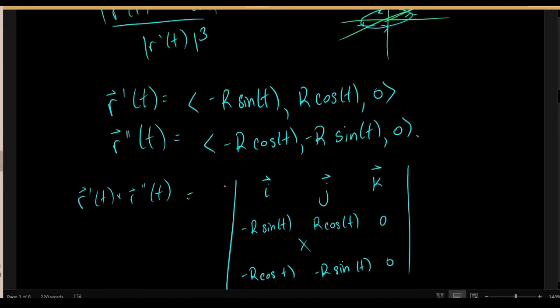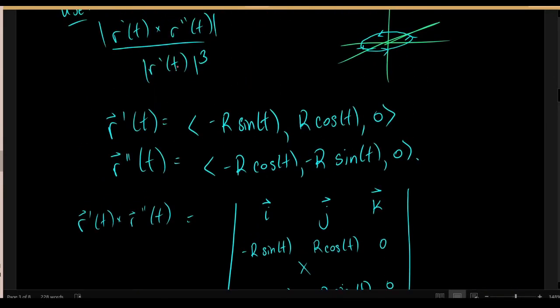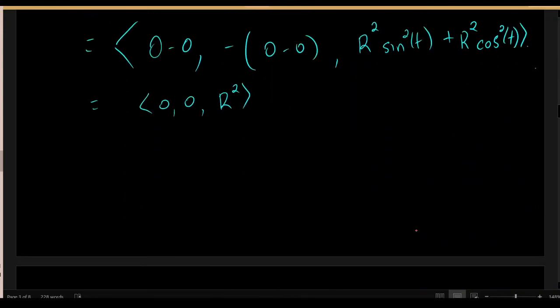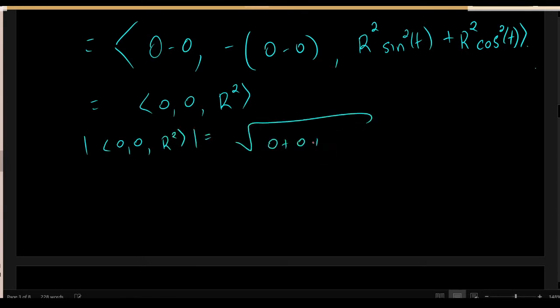So let's get the length of this vector, and that will be equal to our numerator. But the length of a vector with only one non-zero component is just equal to the absolute value of that component. The length of that vector is just r squared.